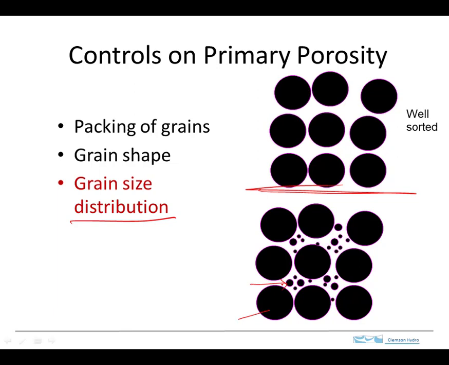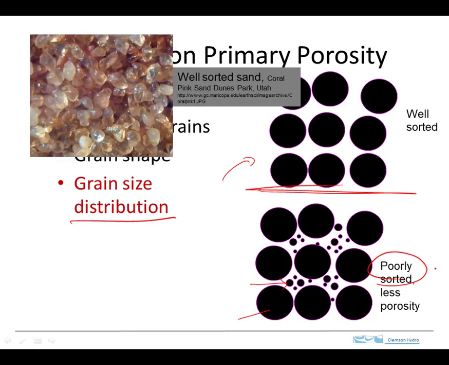The small grains would be packed in the space between the large grains, and so the small grains are filling up space that would otherwise be pore space. So if you have a grain size distribution with large grains and small grains, then generally the porosity will be smaller than if you have a well-sorted distribution with all the same grain sizes. So if you have poorly sorted material, you'll generally have less porosity.